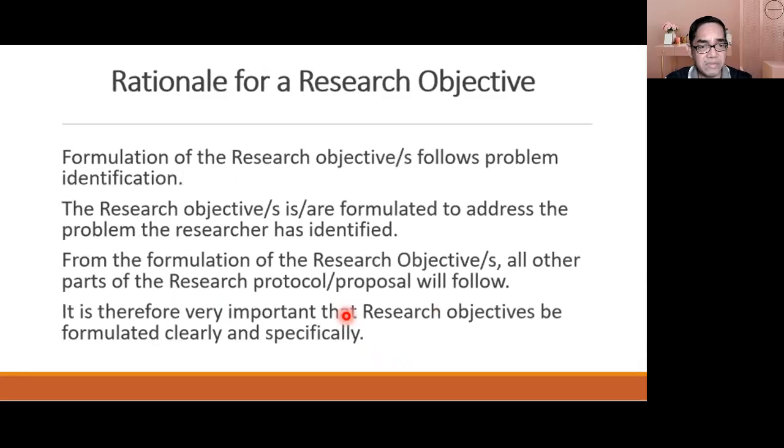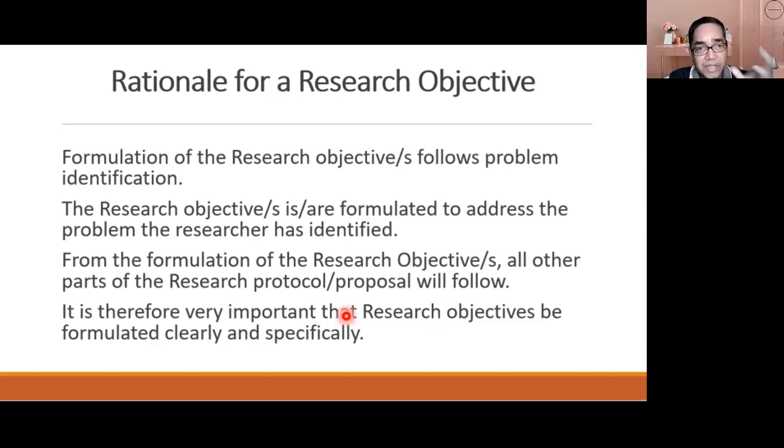And then the rationale for the research objectives. When you formulate the research objectives, you formulate it following a problem identification, meaning from the problem that you have identified, and we told you that research begins with a problem.